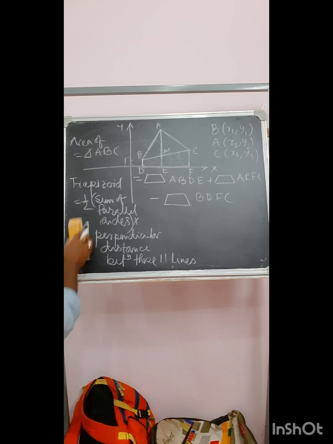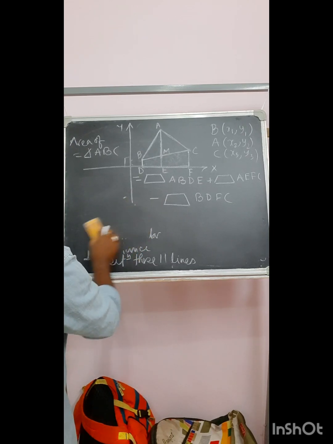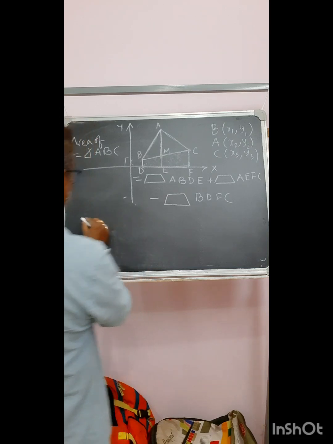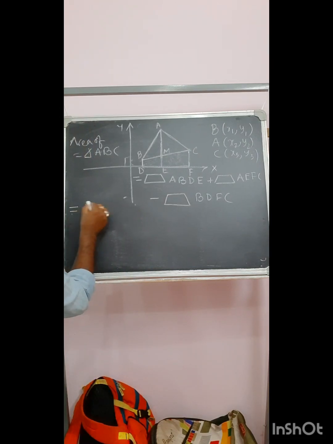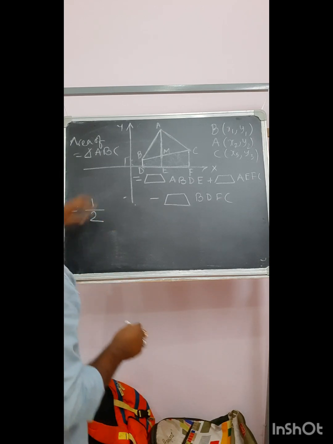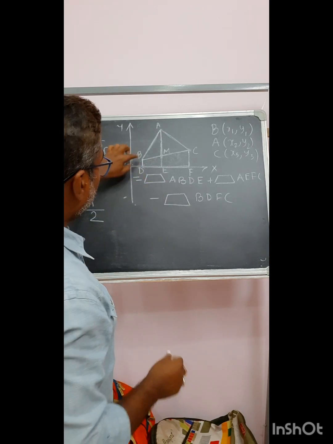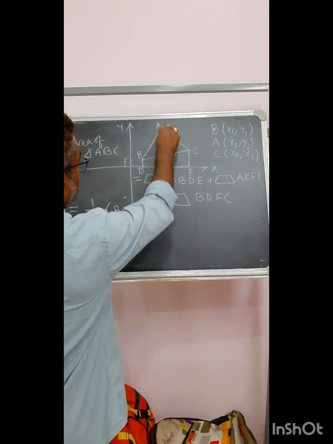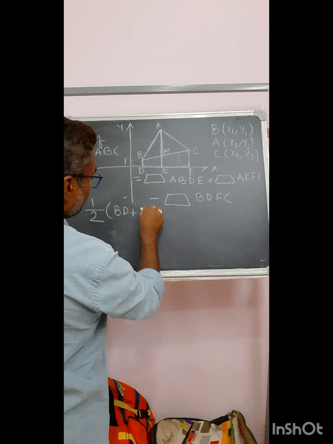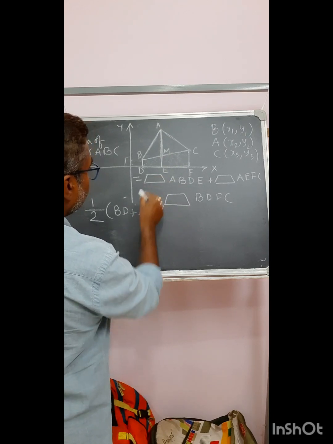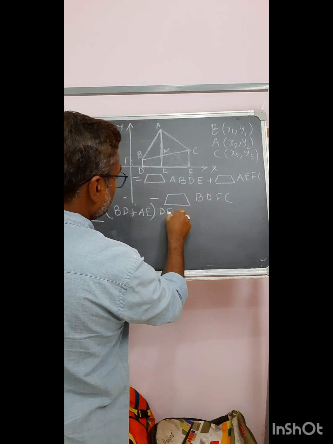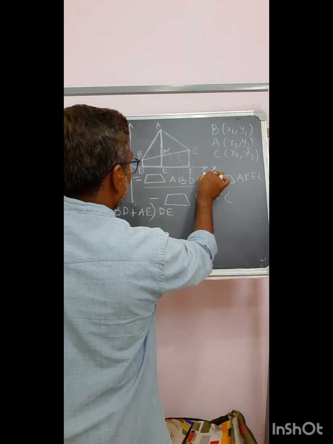So moving on to the sum with this formula, I can write directly. You see, I am just using the whole board. This would be half of the sum of parallel lines, BD plus AE, and the perpendicular distance between them is DE. So this gives the first one.